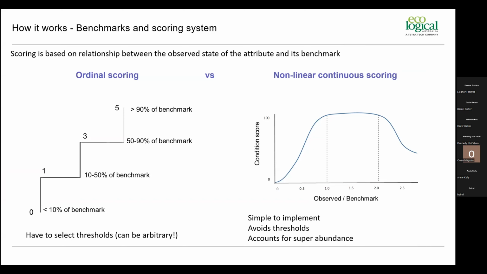Now, this is a bit of a boring slide, but it's just to, I hope, communicate how the scoring system works. At the moment, for condition, we use an ordinal scoring, which is this stepped threshold type approach. We are moving away from that, to a non-linear continuous scoring, because it allows us to avoid thresholds, which are quite arbitrary, and also accounts for superabundance of a particular attribute.